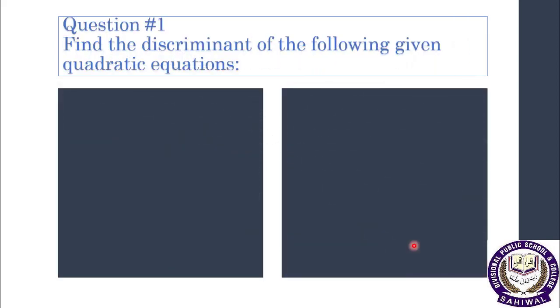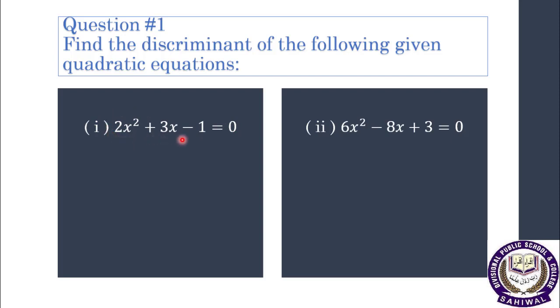Now we will find the discriminant of the following given quadratic equations. The first quadratic equation is 2x square plus 3x minus 1 equal to 0. When comparing it with the general form of the quadratic equation, that is ax square plus bx plus c equal to 0, we get a is equal to 2, b is equal to 3 and c is equal to minus 1. We know that the discriminant is equal to b square minus 4ac.